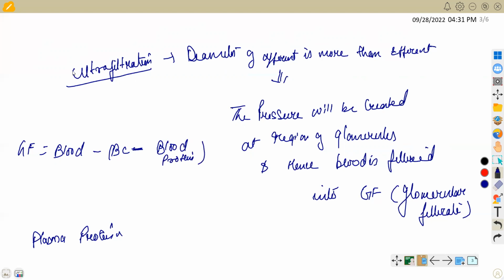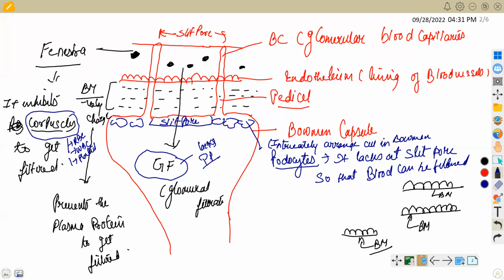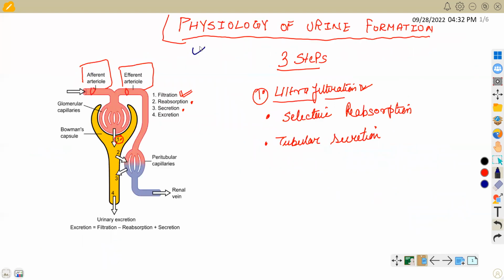So this is how ultrafiltration is occurring, which is of course the first step of the physiology of urine formation. Ultrafiltration is when the diameter of the afferent artery is more than the efferent artery, pressure is created at the level of the glomerulus, and blood is filtered into ultrafiltrate.